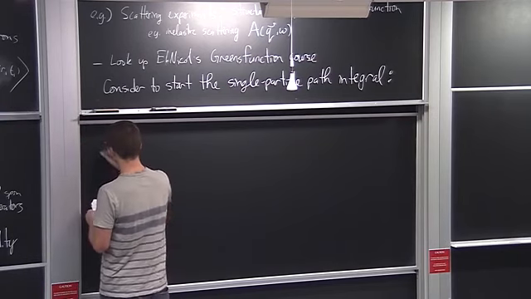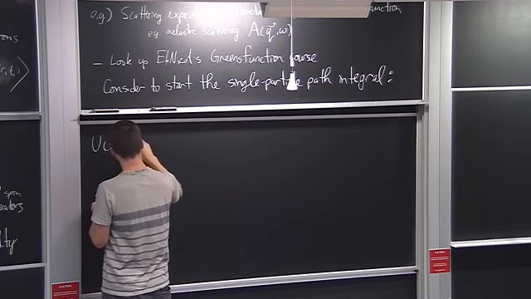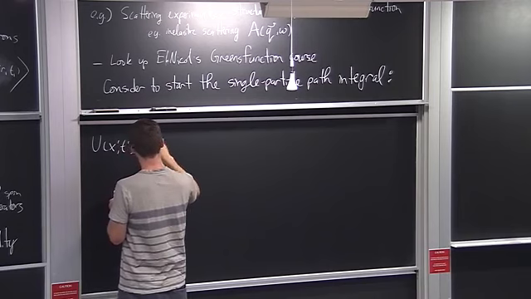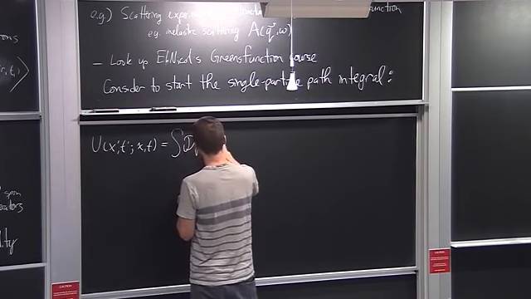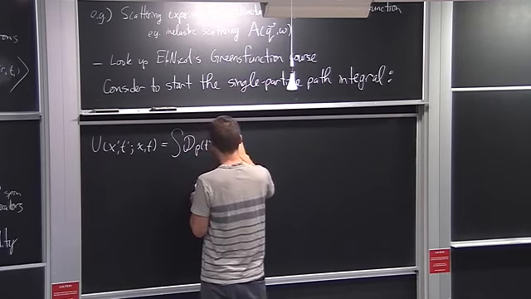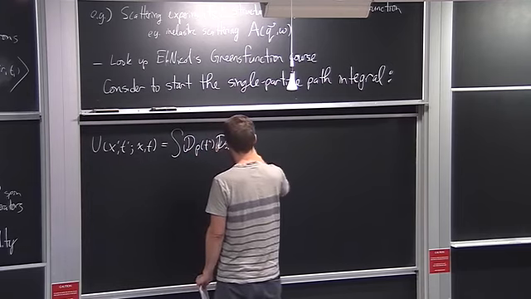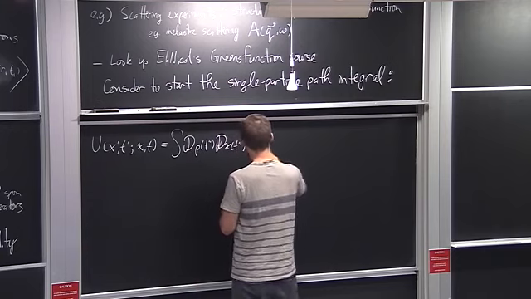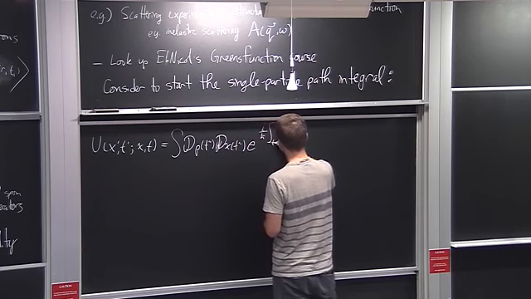So let me start with, remember I called that propagator U, which had a functional integral over P and X. This is the Hamiltonian formulation.